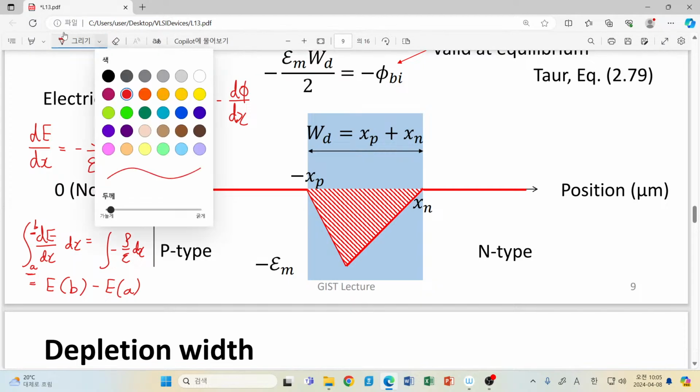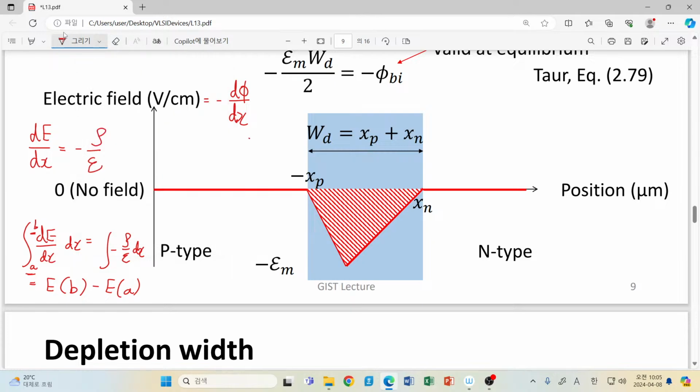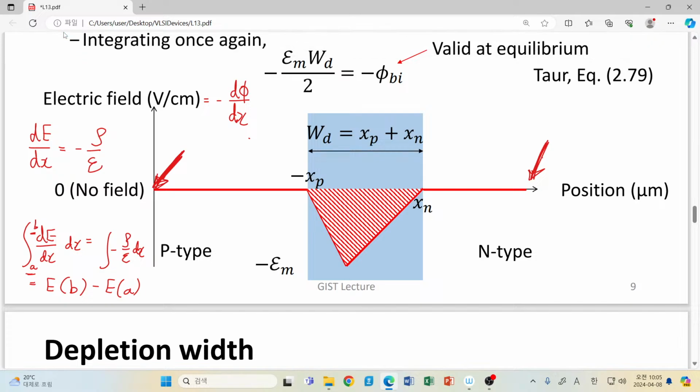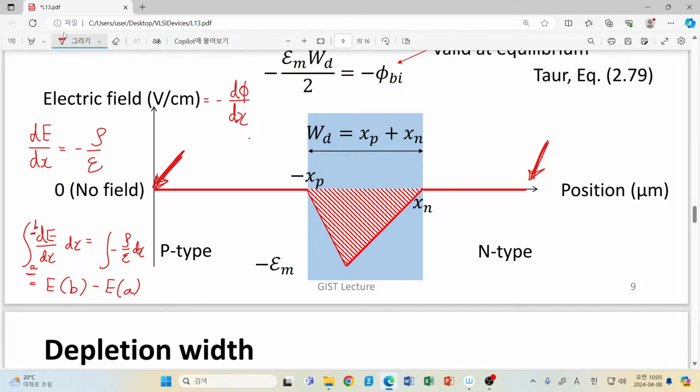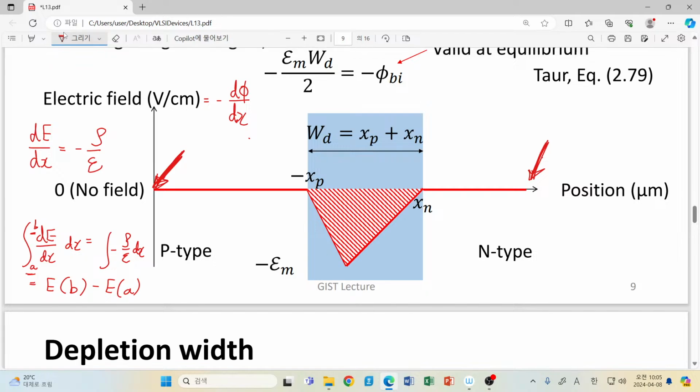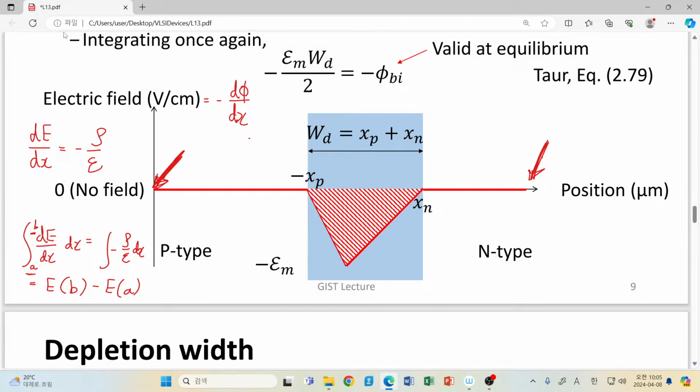For example, let me perform the integration of the electric field starting from here and ending at this point. By integrating this electric field along the x direction, we can get the potential difference between these two boundary values.